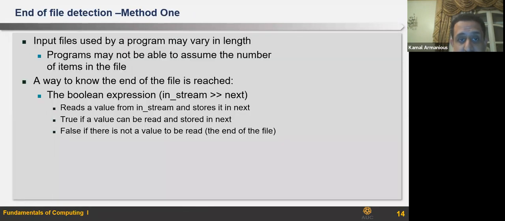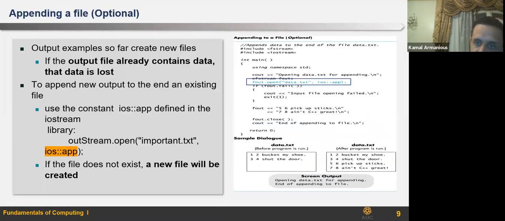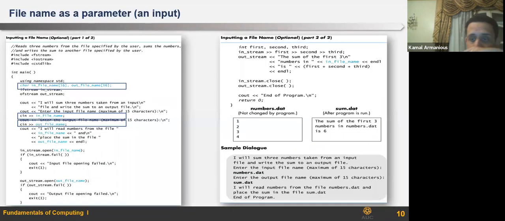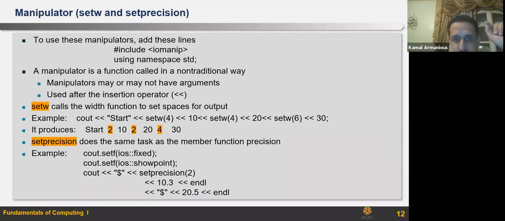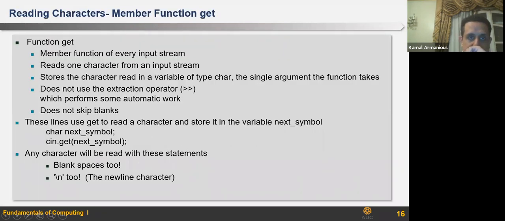So if the number is a minus number or a negative number, showpos will write it with plus or minus. Okay, so this is basically this program.